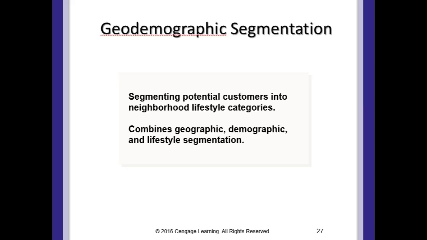Kind of those three combined into one instead of three separate ones. Benefit segmentation is different from other types of segmentation because it groups potential customers on the basis of their needs and wants instead of some other measurable characteristic.